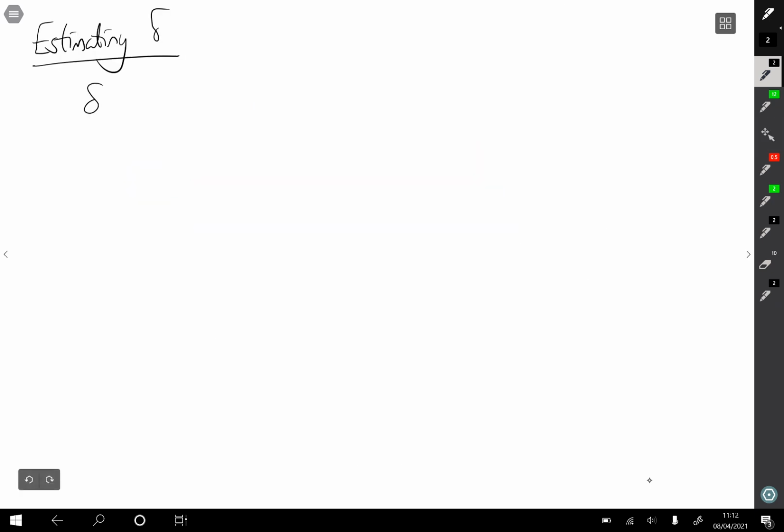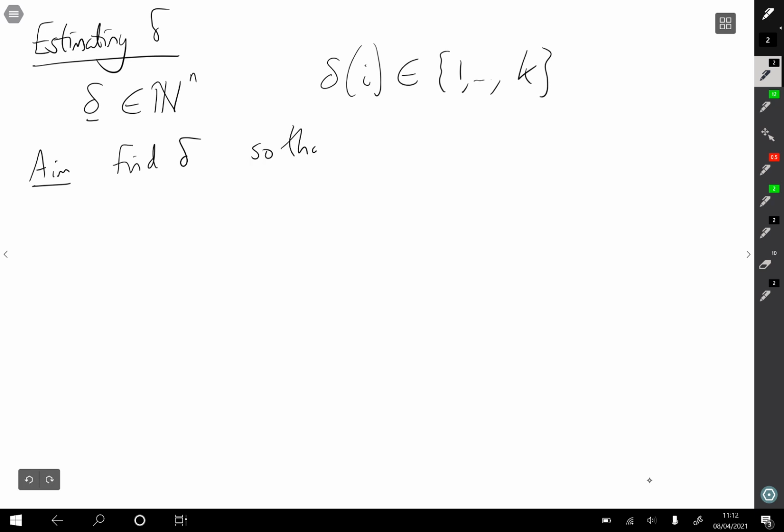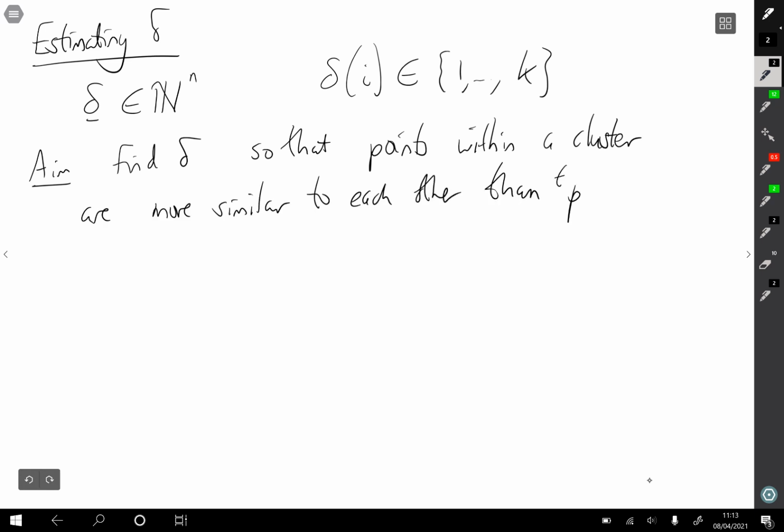So we can think of delta as a vector of n integers, where delta i takes the value 1 up to k if we've got k clusters. So we want to estimate delta some way. So remember, our aim is to find delta so that points within a cluster are more similar to each other than points in other clusters. So how can we do this?